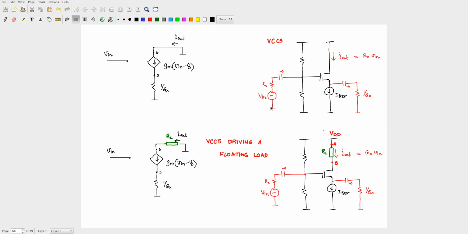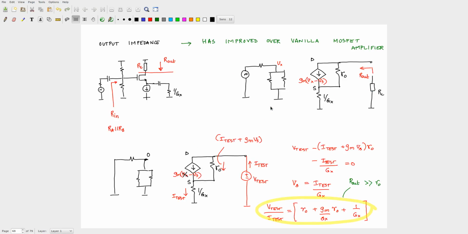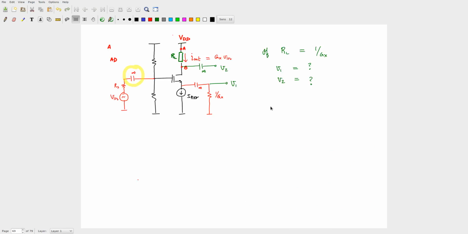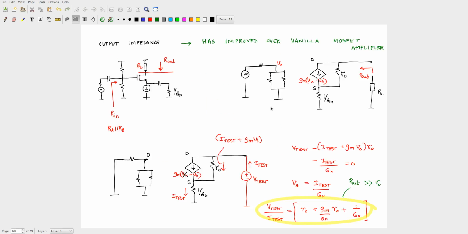So we had this voltage controlled current source, right? And where did we calculate the input resistance and all of that? So this was R out, and then you look at R in calculation. Where is R in calculation?